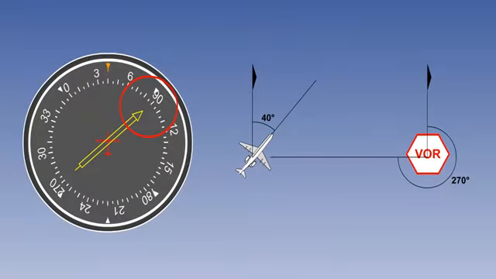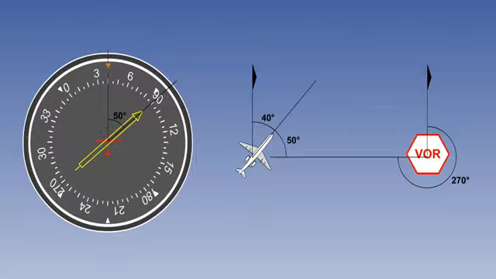The equipment computes that the QDM is 090 degrees. It subtracts the aircraft heading of 040 degrees, giving a relative bearing of 050 degrees, which positions the RMI needle 50 degrees clockwise from the heading index.